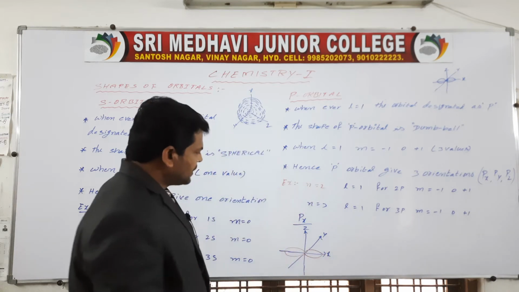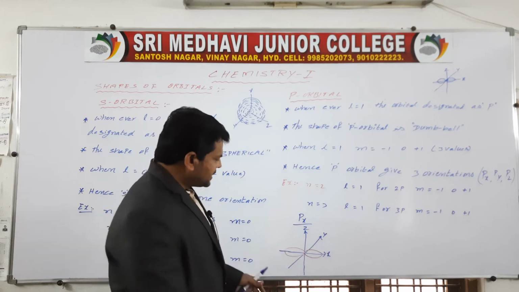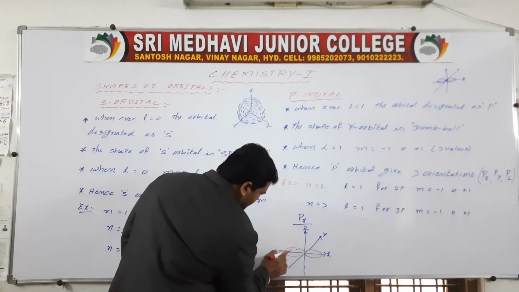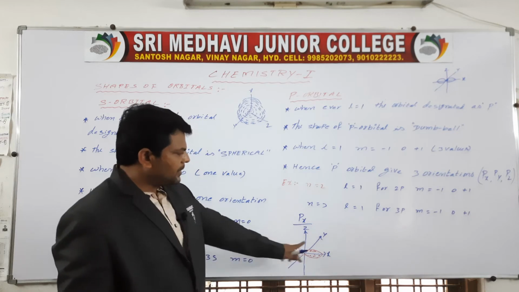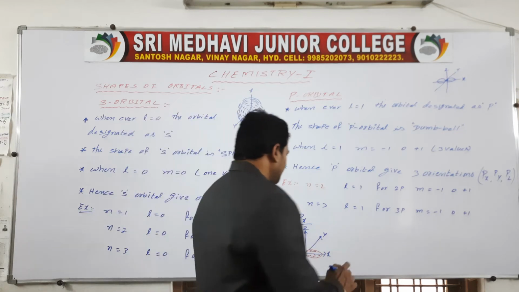It is a lobe. These are electron clouds. The electron cloud is like this for the px orbital.